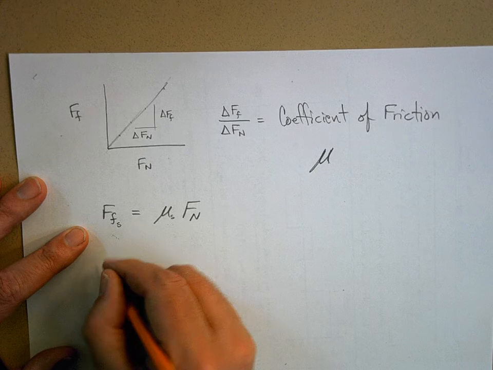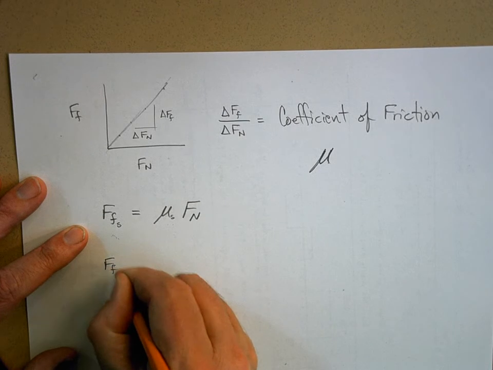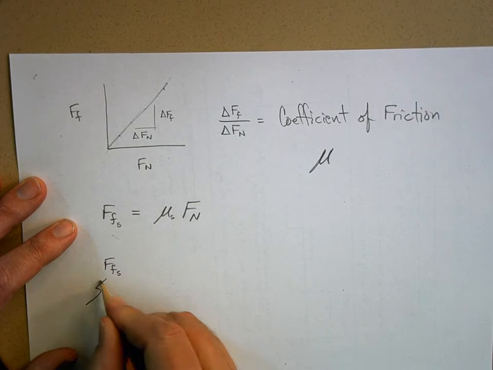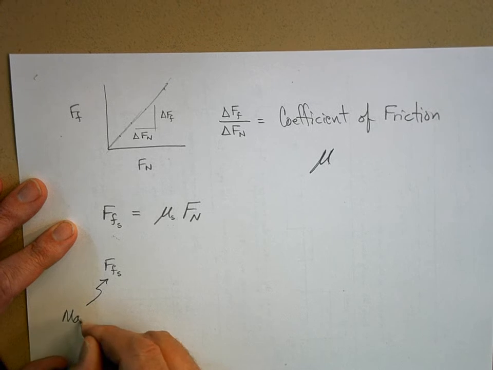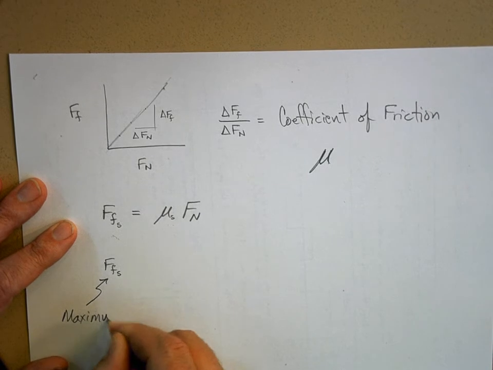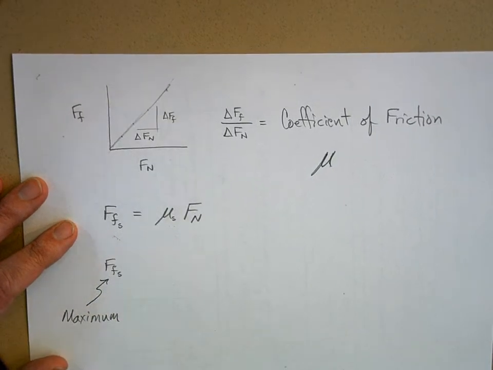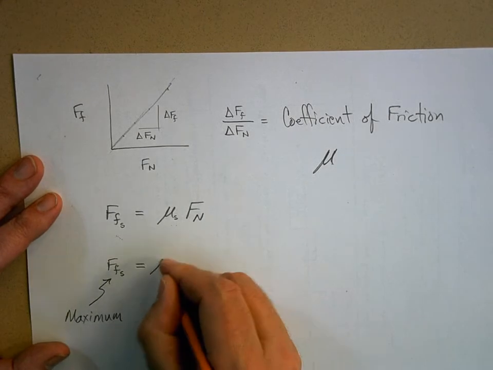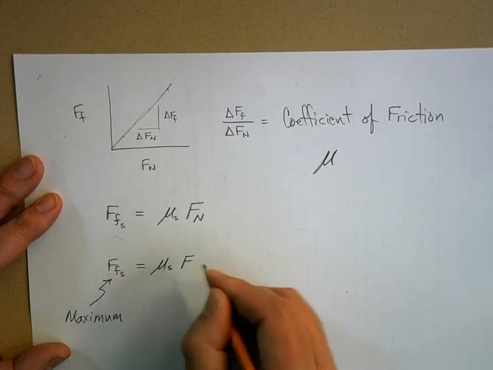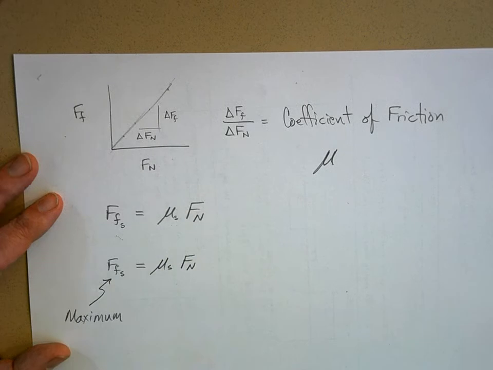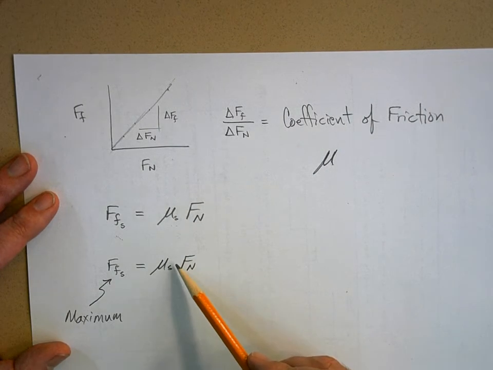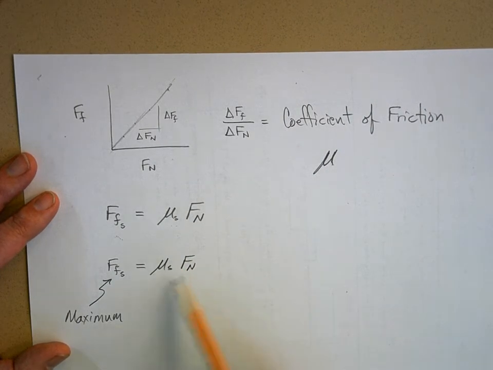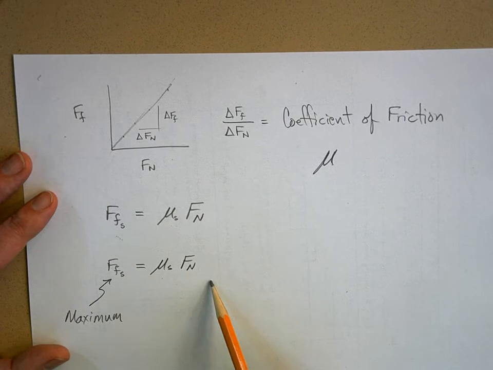The force of static friction, this is a maximum. The maximum possible static force of friction you get will be equal to the static coefficient of friction for those two materials times the normal force. Now this is called a coefficient because it is a dimensionless number that just multiplies.